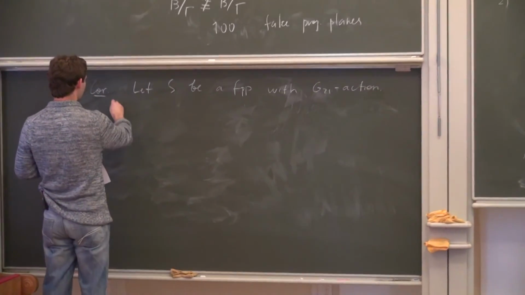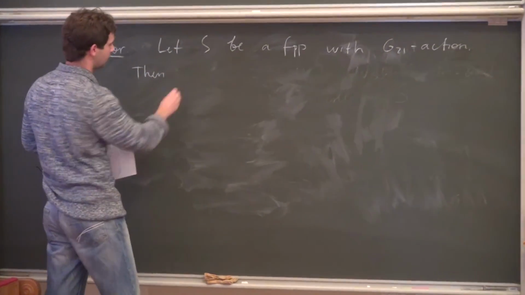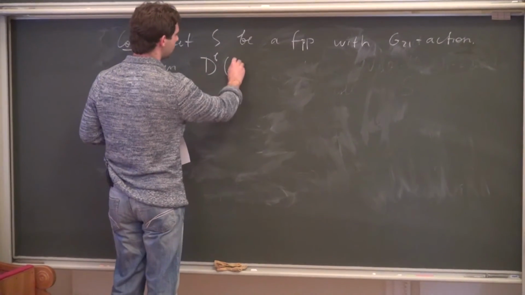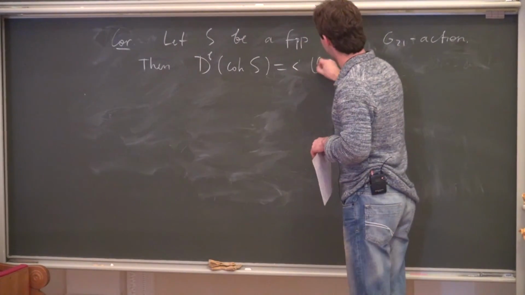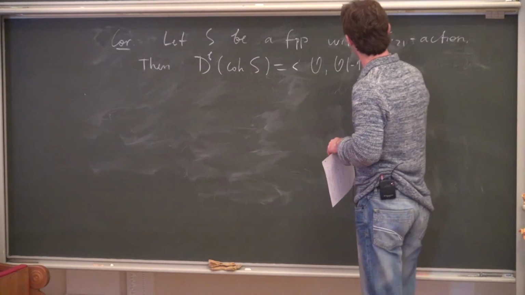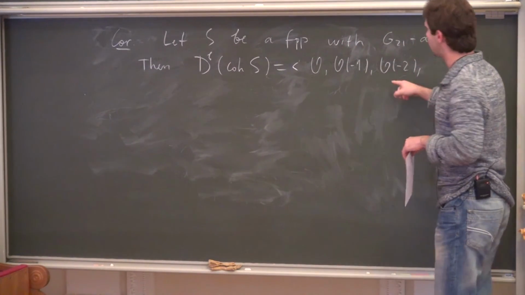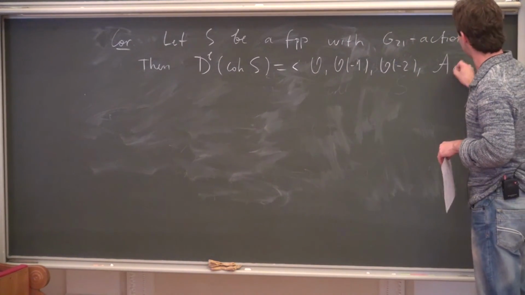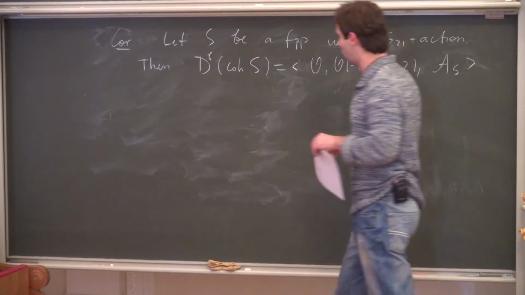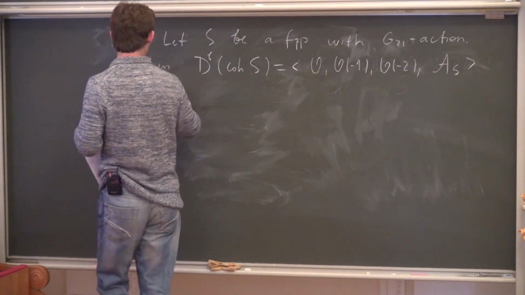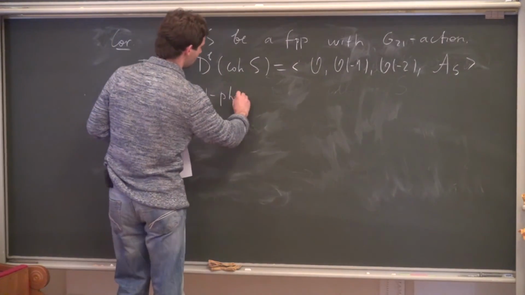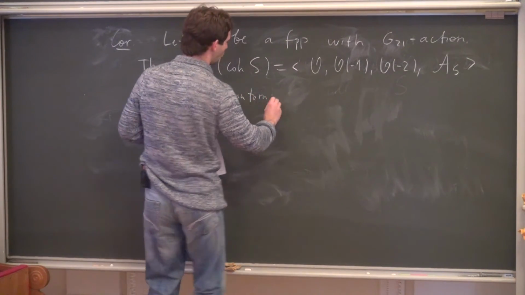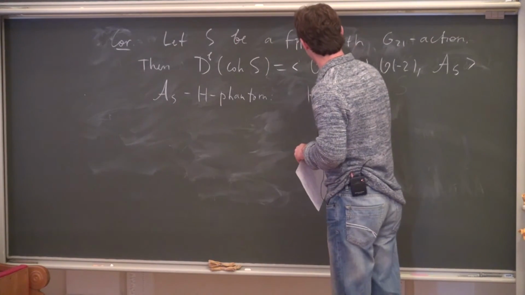Then the whole derived category of S decomposes as follows. We have three exceptional objects and a category AS, where AS is a so-called H phantom, which means that its Hochschild homology vanishes.